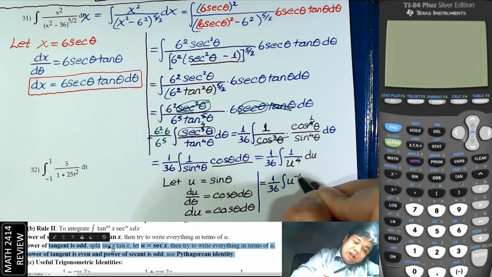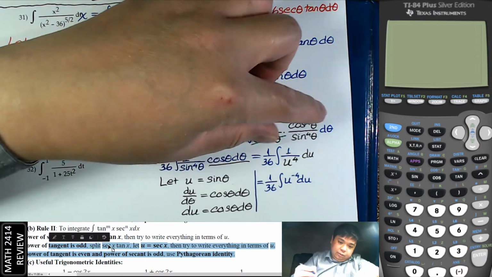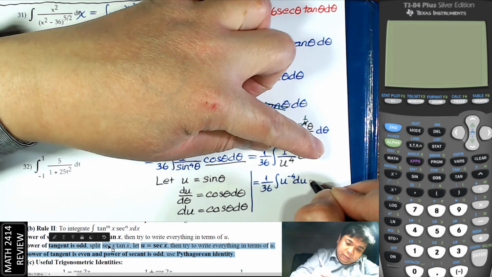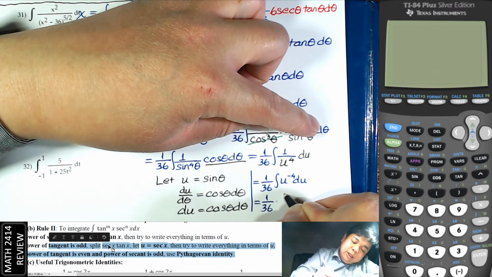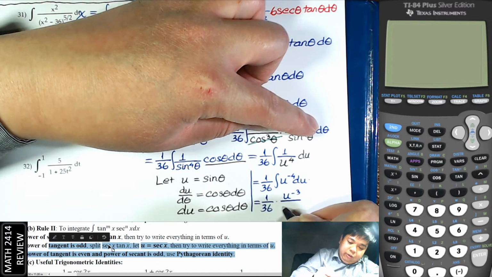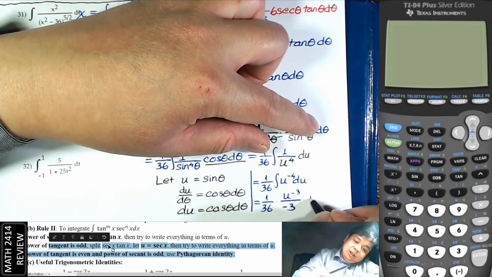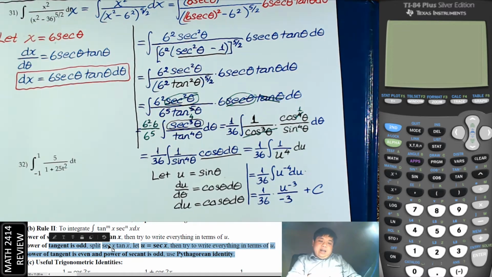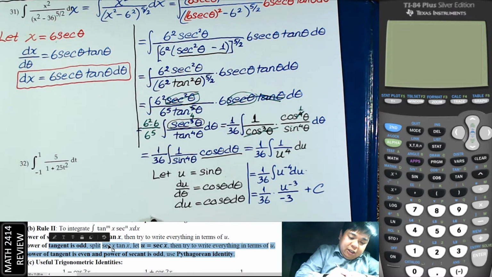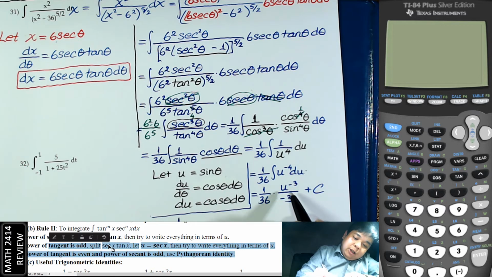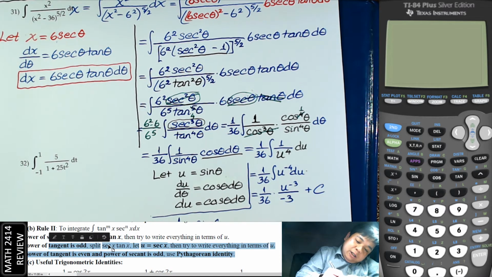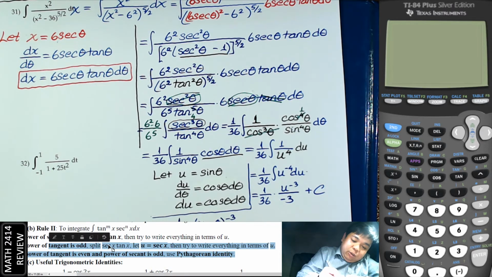The integral of u to the negative 4 is u to the negative 3 over negative 3, plus c, and that is negative 1 over 108, u to the negative 3. u is sine, so sine of theta to the negative 3 plus c.